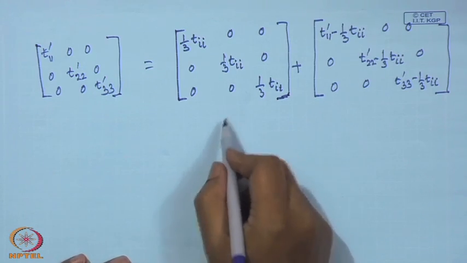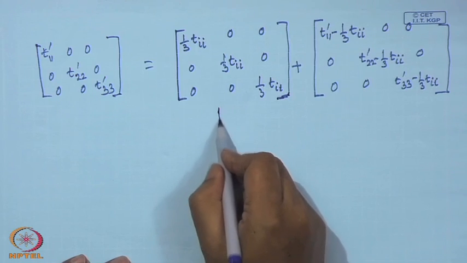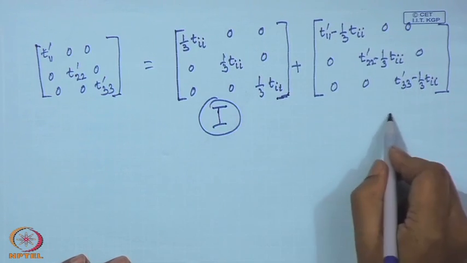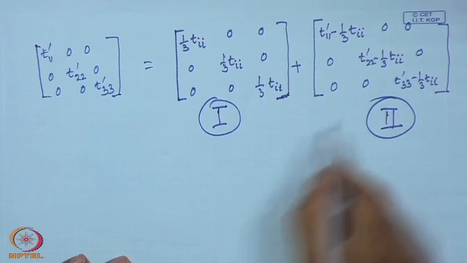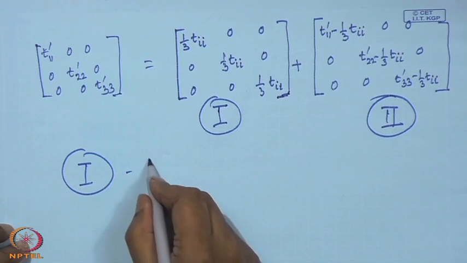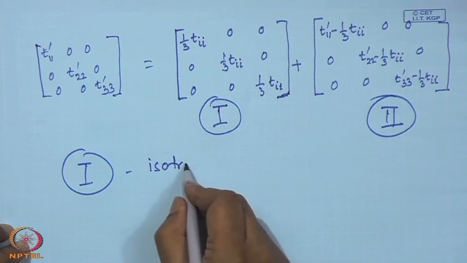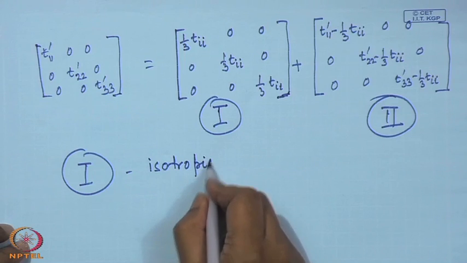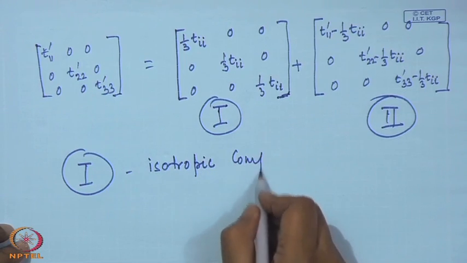Now, look at the second one. We will denote it, say 1 and 2. So, 1 represents isotropic compression.